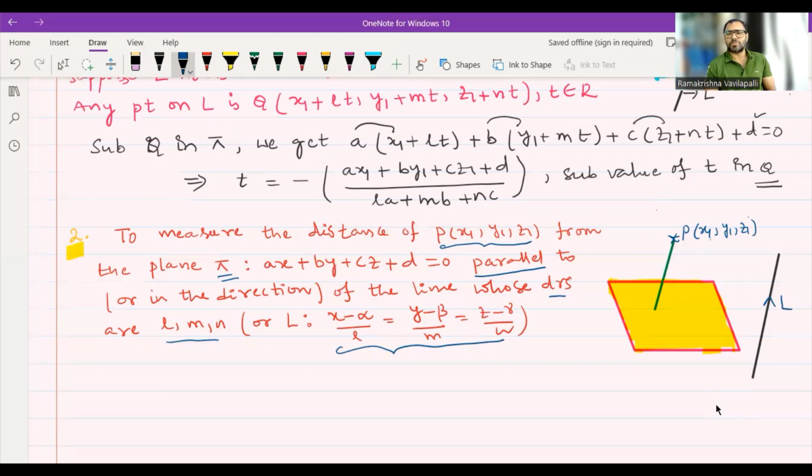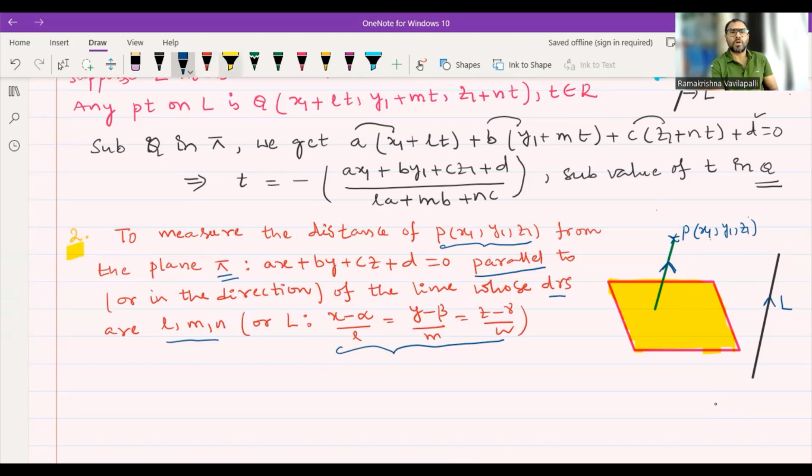Then we draw a line passing through the given point, parallel to the given line. Parallel lines have the same set of direction ratios.